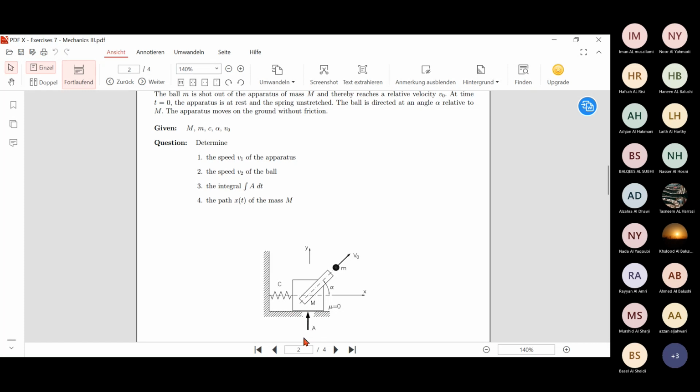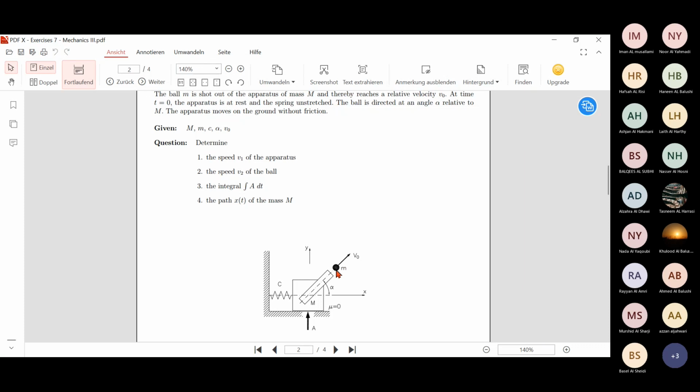That means there is only the normal contact force, we note it here by A, or let's say the reaction of the ground on the mass M. Given the mass of the apparatus, the mass of the ball, the coefficient C, the angle alpha, as well as the relative velocity V0, we have to determine the speed V1 of the apparatus when it moves due to the shot.